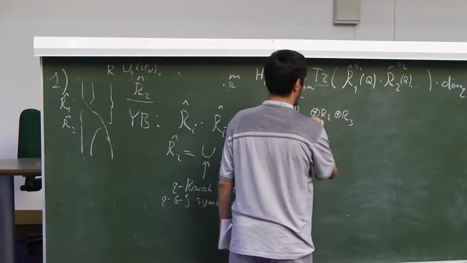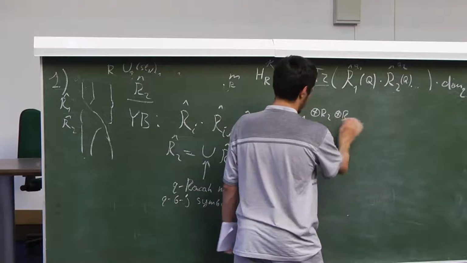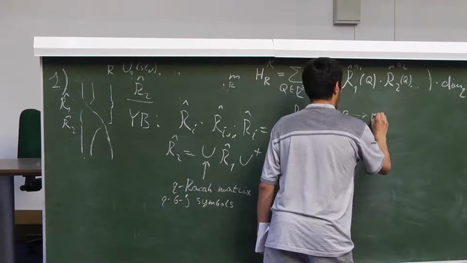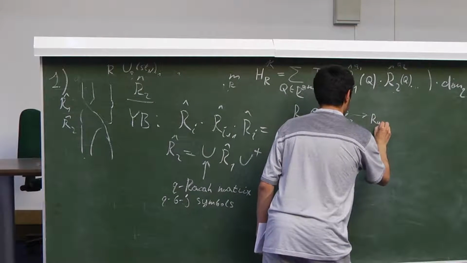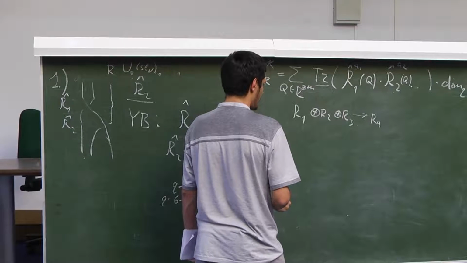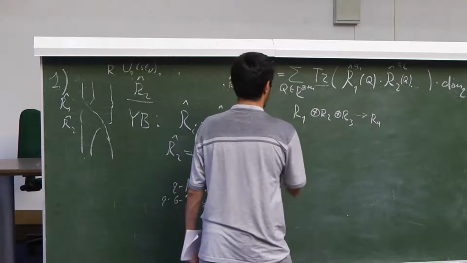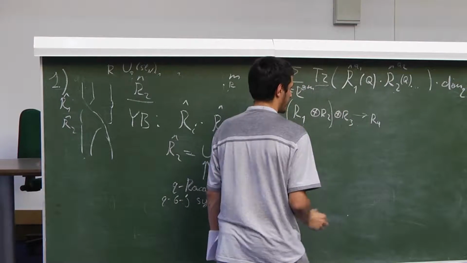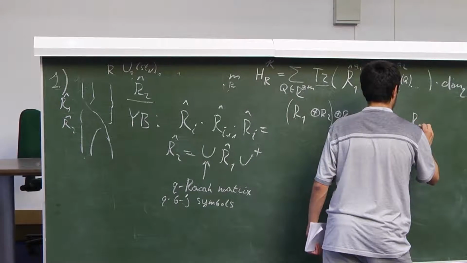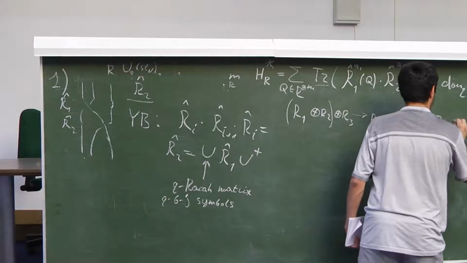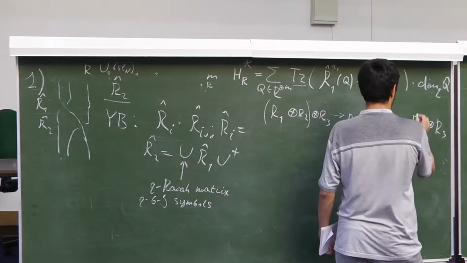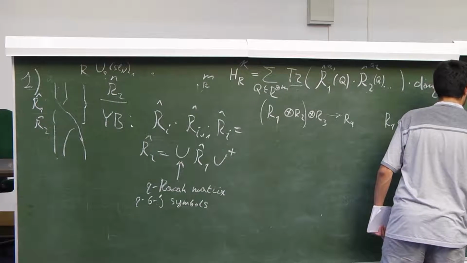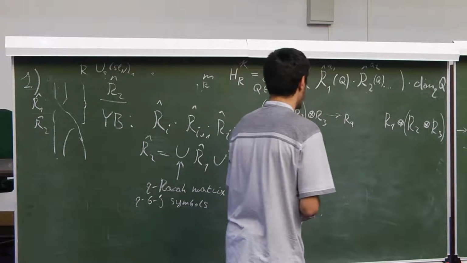I take such a tensor product and I fix some resulting representation R4. Let me take this product in the following order: first I multiply R1 and R2 and then R3. And then let me consider another ordering of multiplying my representations with the same resulting representation R4.